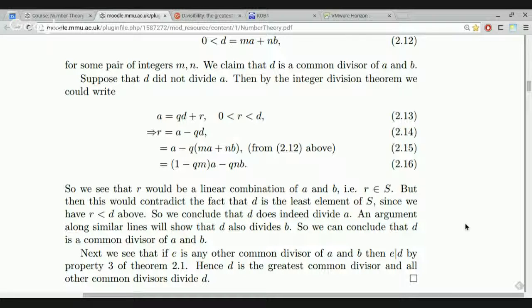If E is any other common divisor of A and B, then E has to divide D, and therefore it is smaller than it. These are positive numbers. So D is the greatest common divisor, and all other common divisors divide that number D.